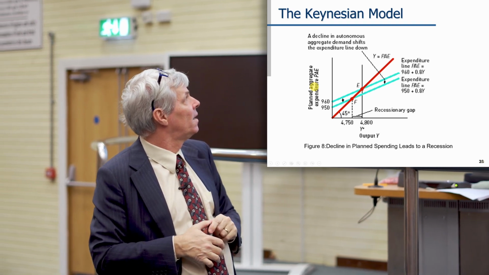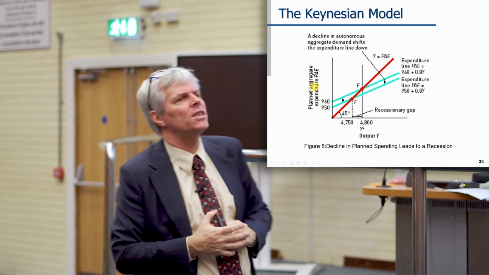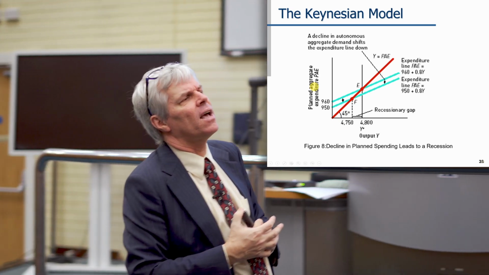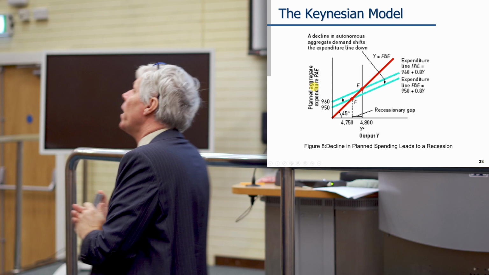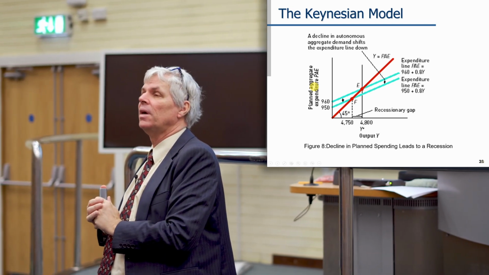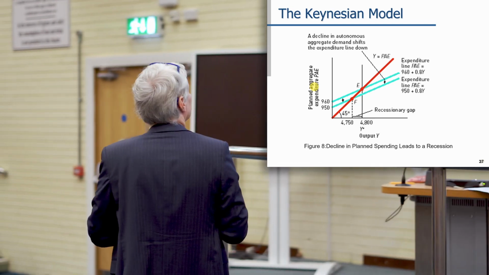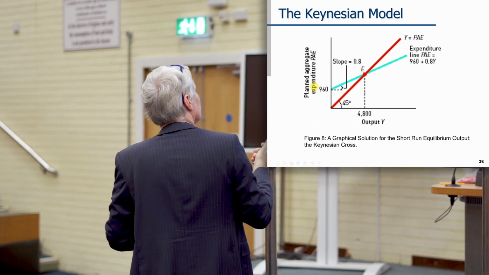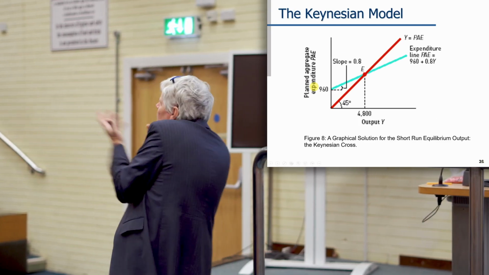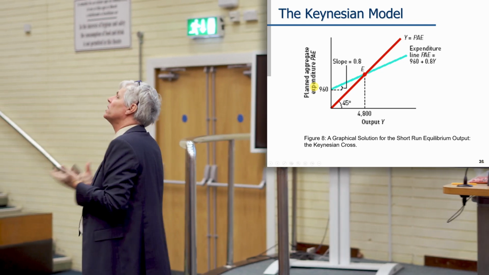Now, one thing about this graph is this graph is telling a story. And this graph is telling a story about where a recession might come from. And so the story it was telling, we can go back. The way it's drawn here is like this is the whole model. This is everything we put into the model.